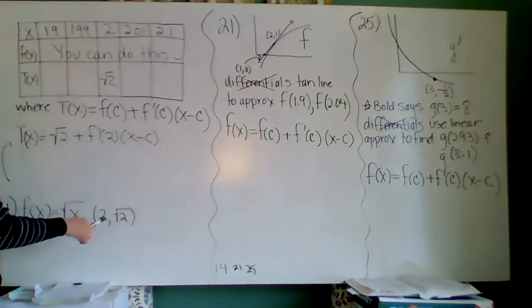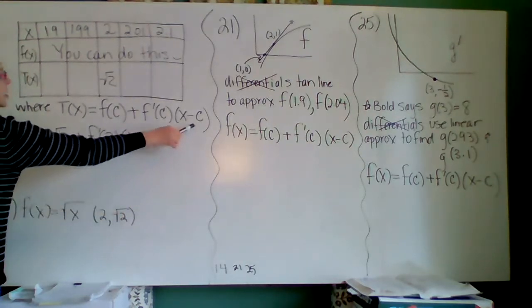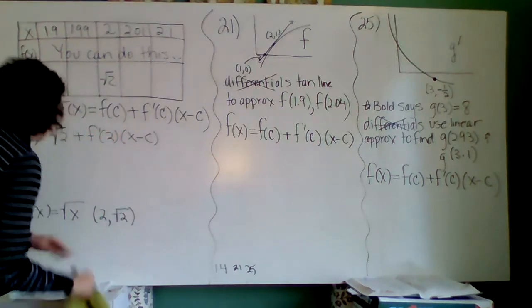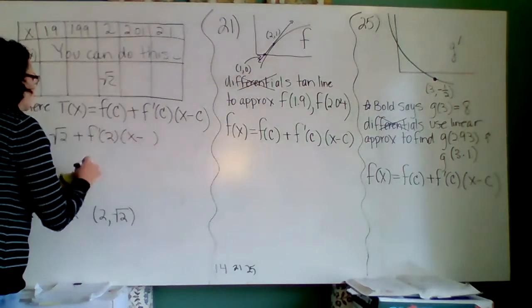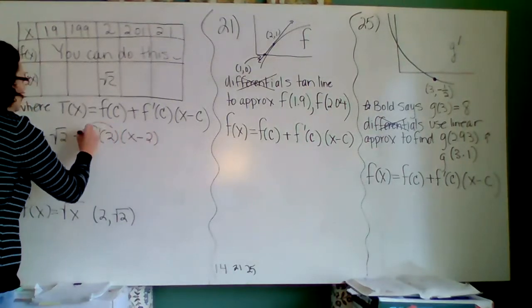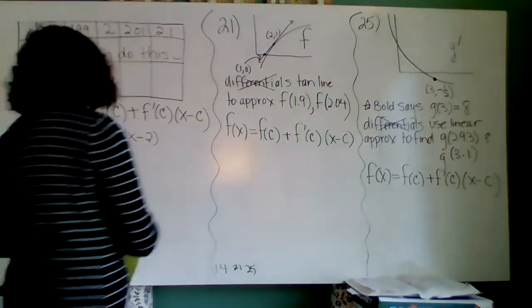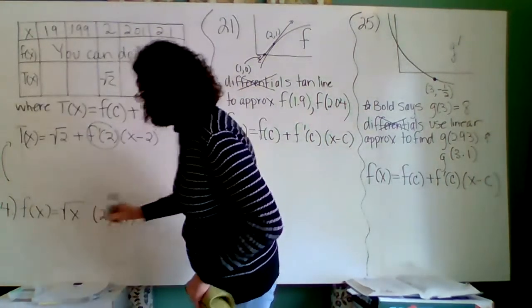Good, so all I did was put in my c and my f of c. c here and f of c there. Oh, it's a 2. There we go. So all I need now is the derivative of the function at 2.